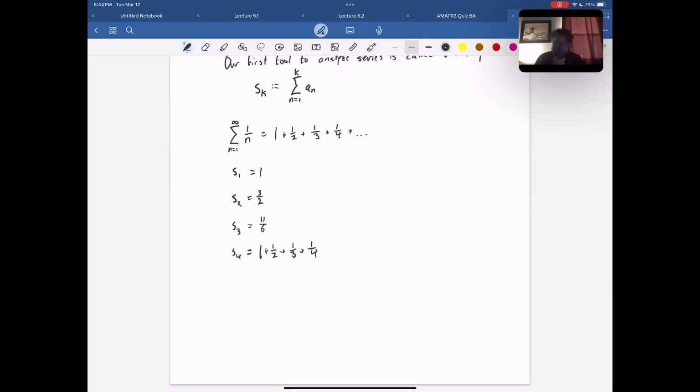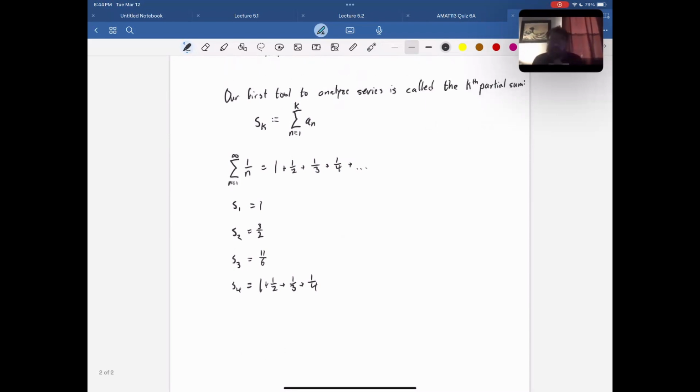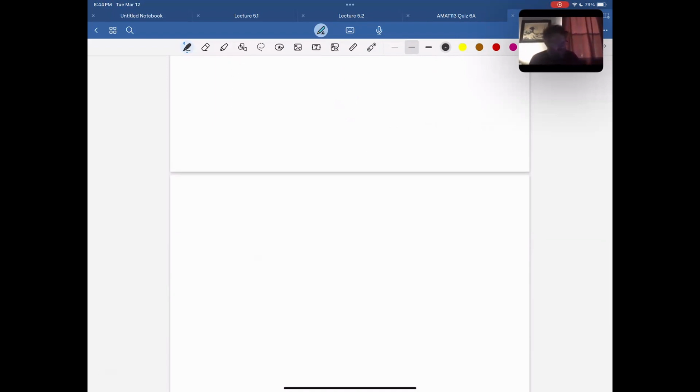Now, it'd be interesting to know how we could use this to tell if a series diverges. Particularly, that's what kth partial sums are good for. So let's see it in action. We'll work with a more elementary example to start, and then we'll build back up to the harmonic series.